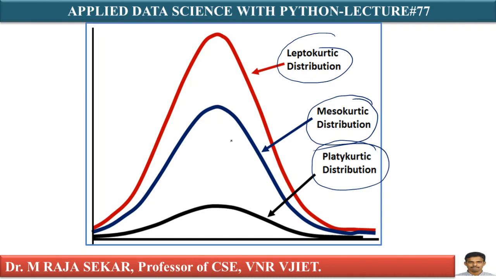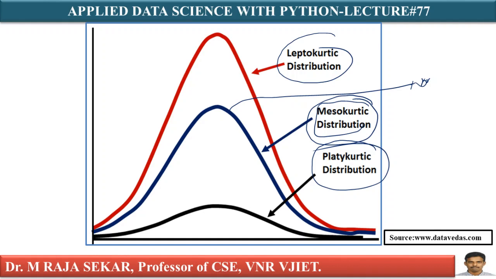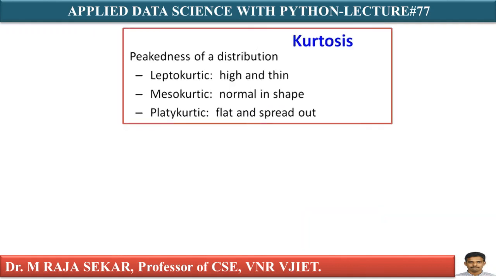Just compare the shapes of these three distributions so that you can understand. This mesokurtic distribution is just like the normal distribution or Gaussian distribution, is it not? Anyway, we will understand these things in more detail in the next slide. Let me proceed further.